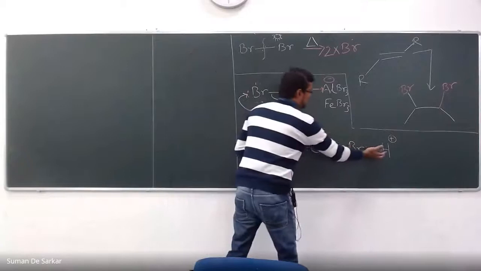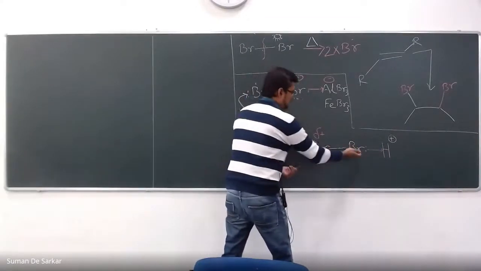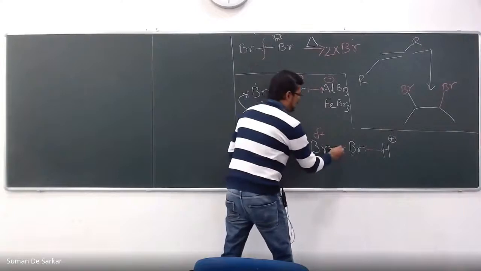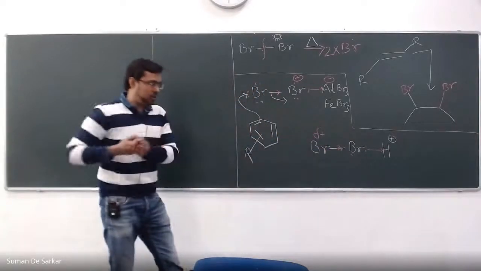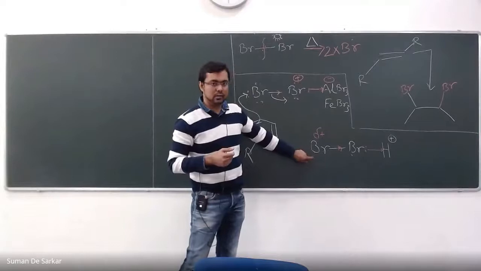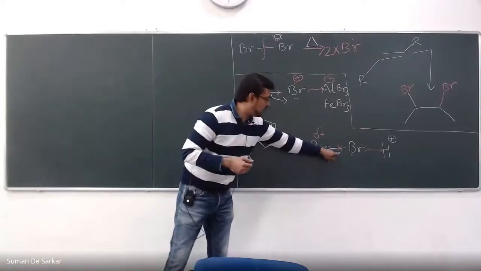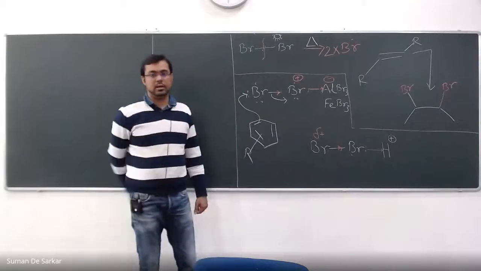So this guy is donating electrons, and this guy becomes electron deficient, so it will pull the bond pair of electrons towards itself, and ultimately the terminal bromine will lose the share of the bond pair of electrons. That's why ultimately the delta positive will come here, on the terminal bromine.